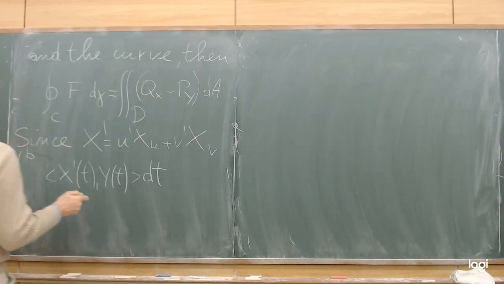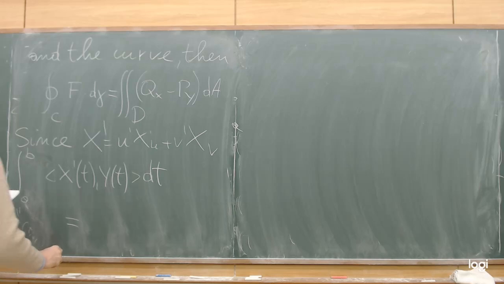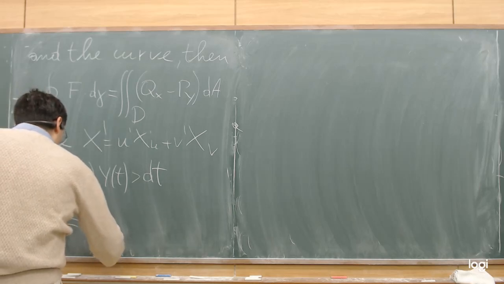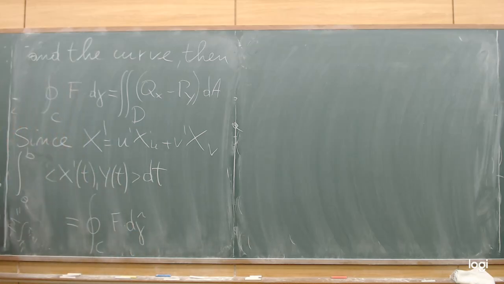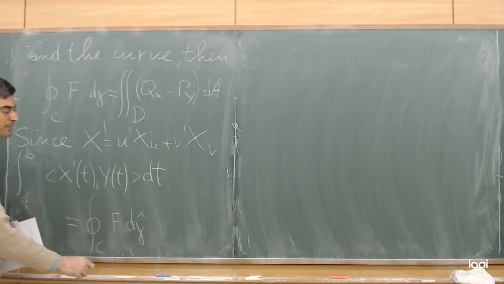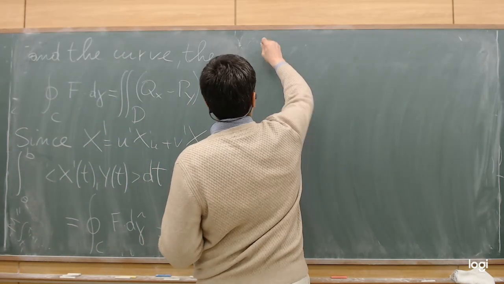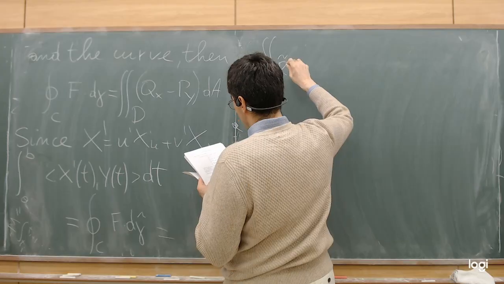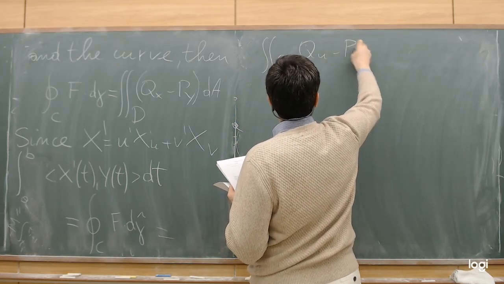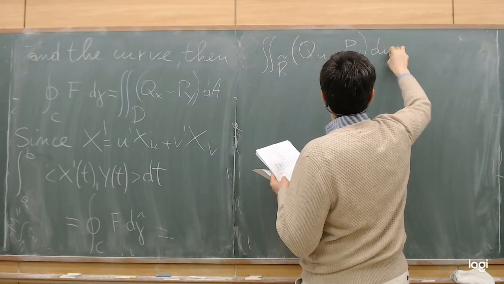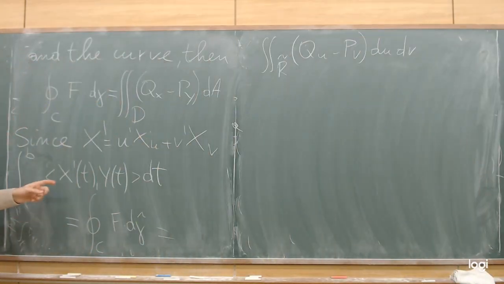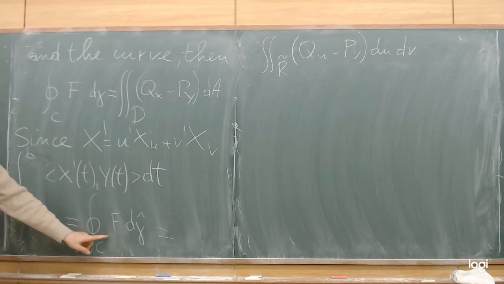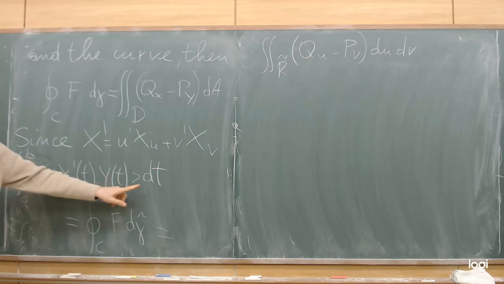This is nothing but then the integral along C of f d gamma tilde. And by Green's theorem, this is equal to the integral over r tilde of qu minus pv du dv. So please prove by yourself that this integral here is exactly the integral of x prime y dt.